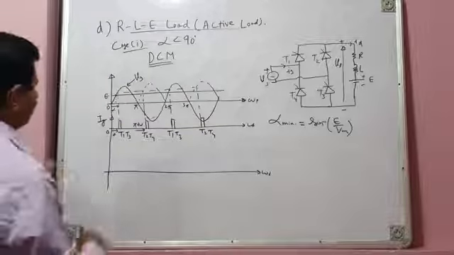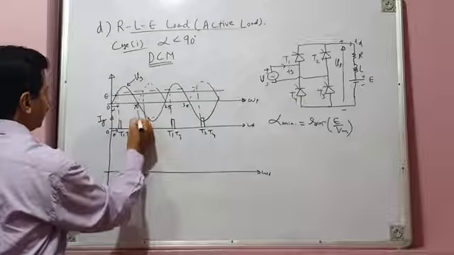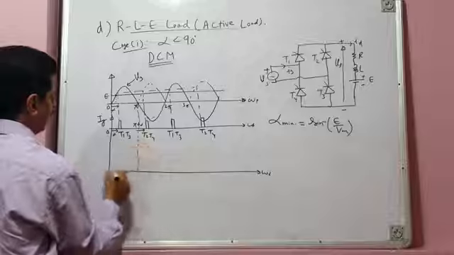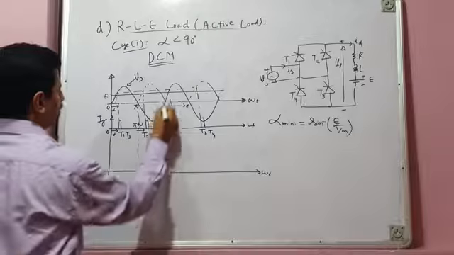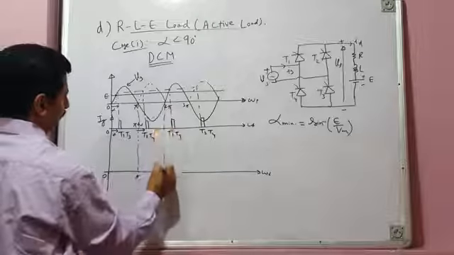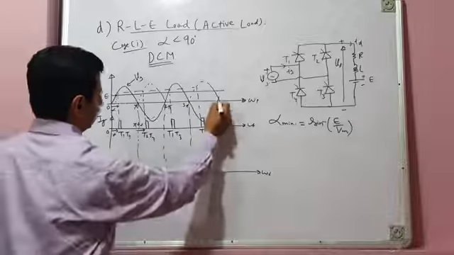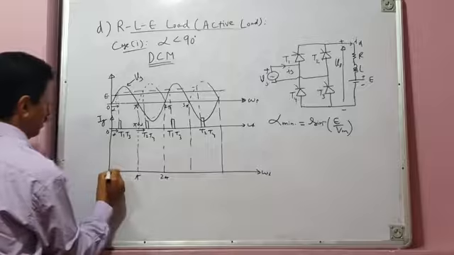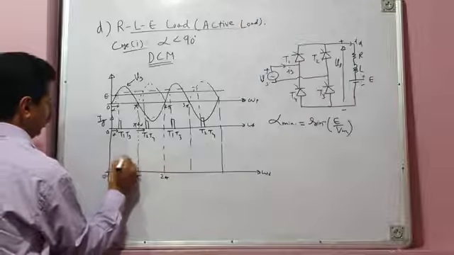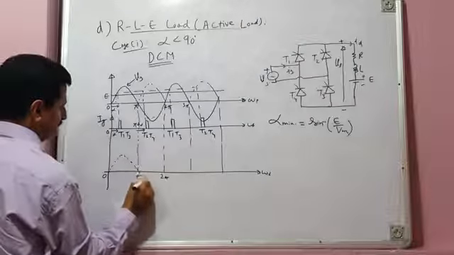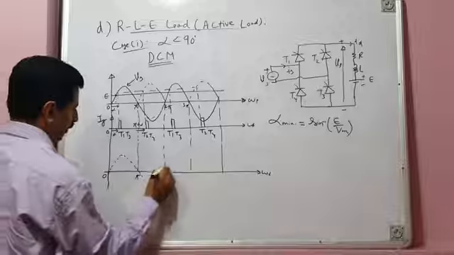So our load voltage waveform will be something like this. Let me draw these zero crossing projections: this is pi, this is 2 pi, 3 pi, 4 pi, and so on. For example, this may be my load voltage waveform.